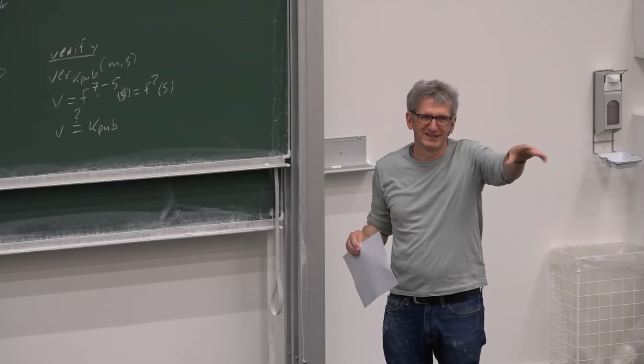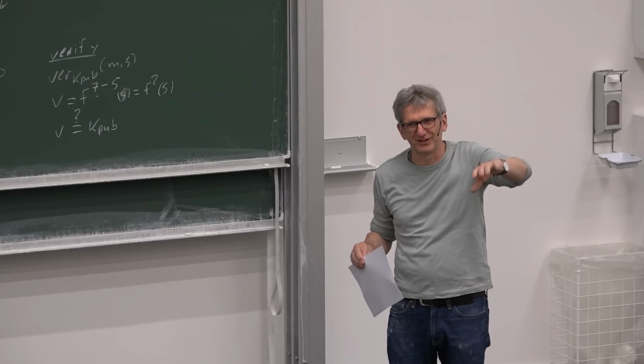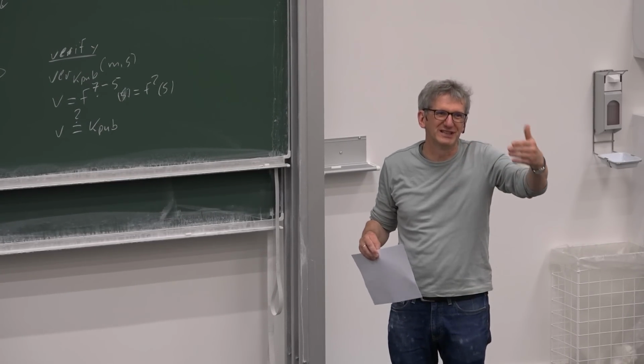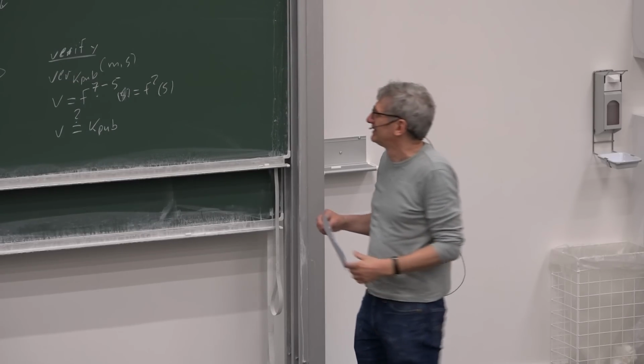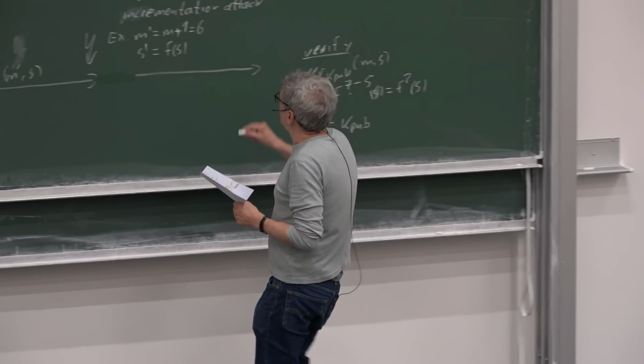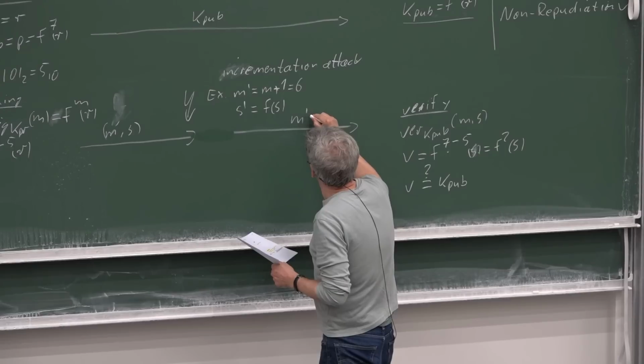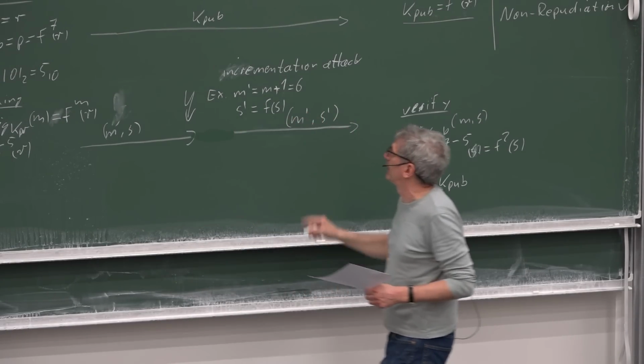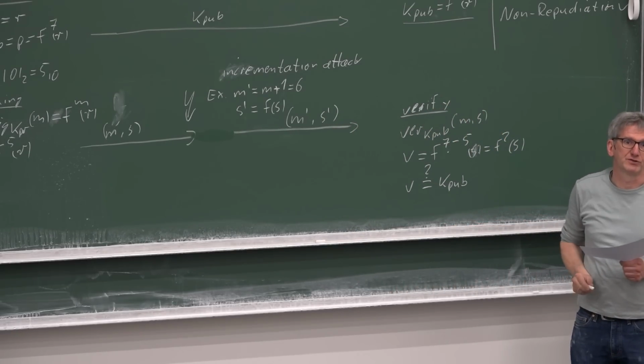Once you all become professors teaching cryptography, this is nice because when you use an electronic transfer, you increase the amount of the transfer. This is cool, right? And then he sends over M prime, S prime, and it would still check out correctly.